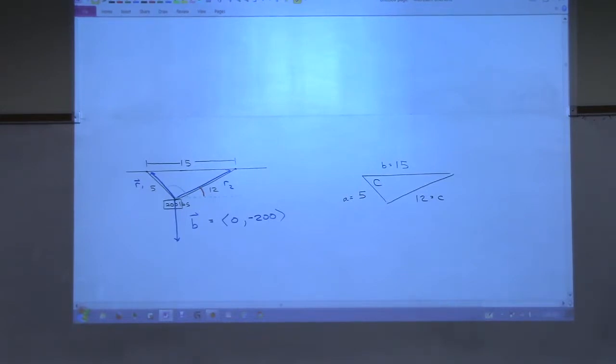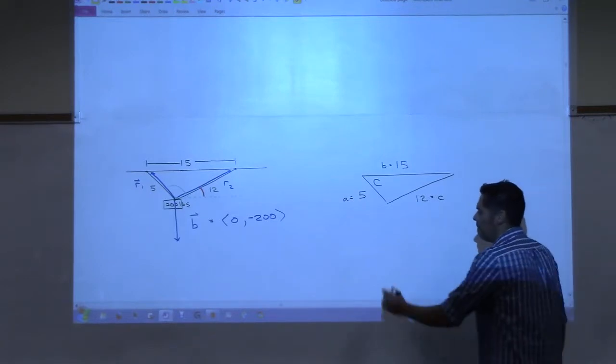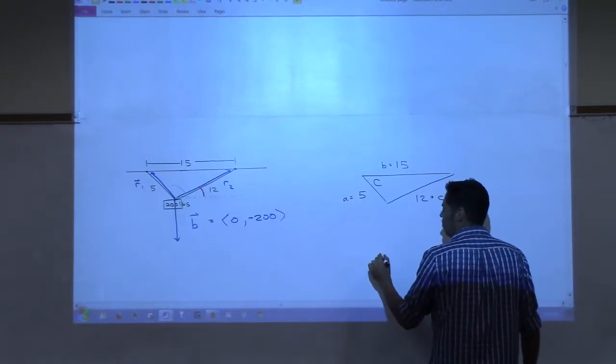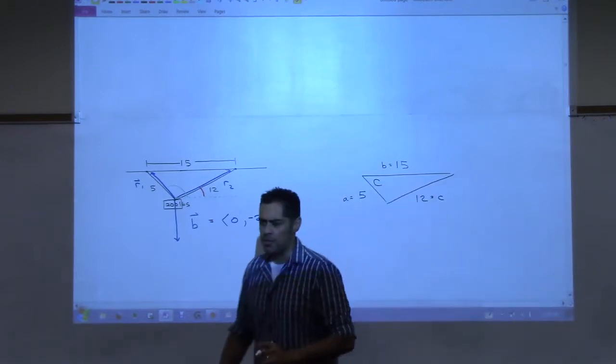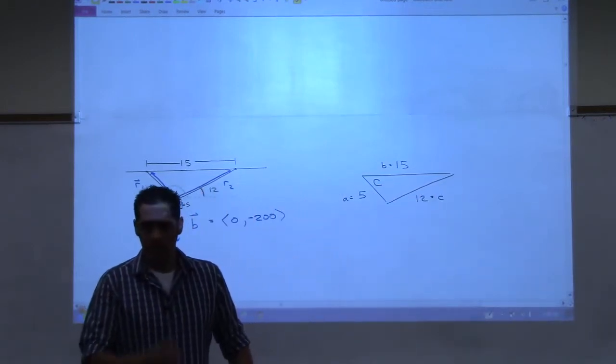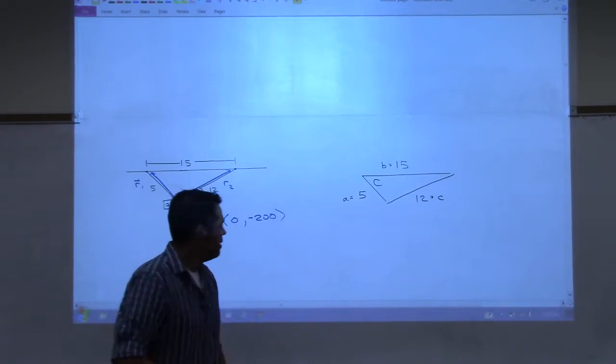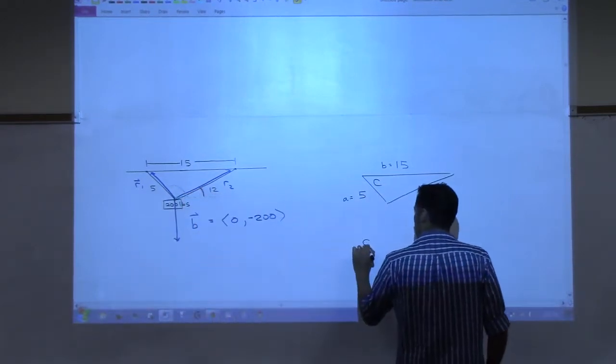So there was a formula that we used for this, right? I'm not quite sure which one you remember, but we did have a formula for capital C. It was cosine capital C equals something, right? But I'll remind you of the law of cosines.